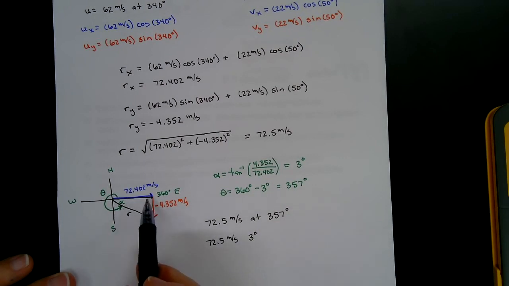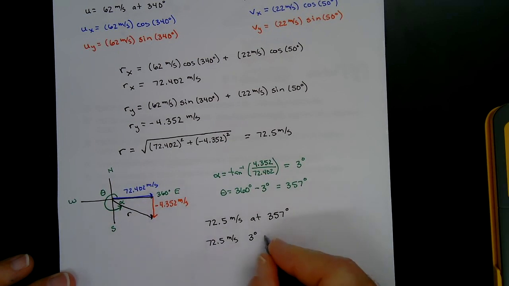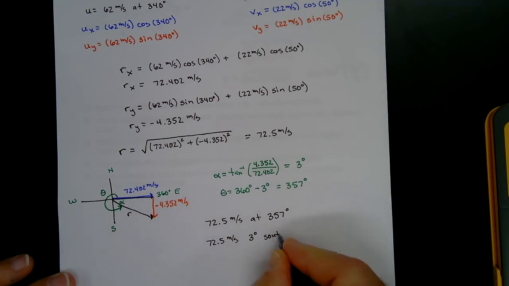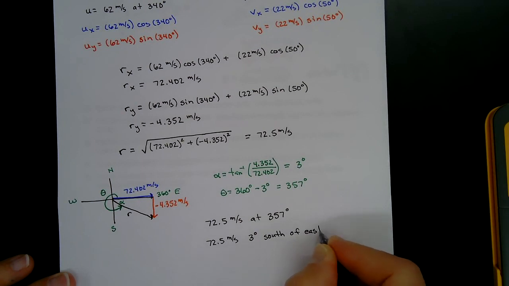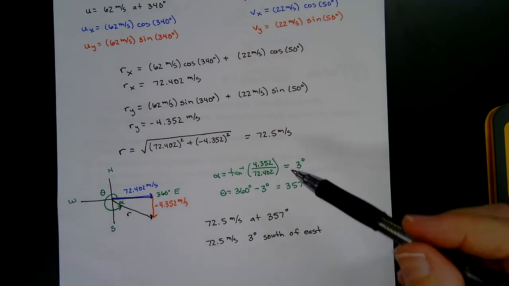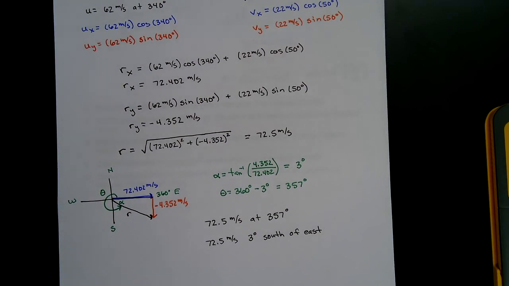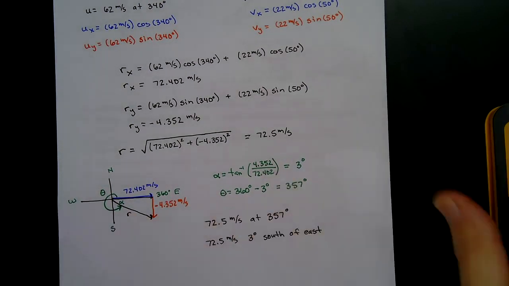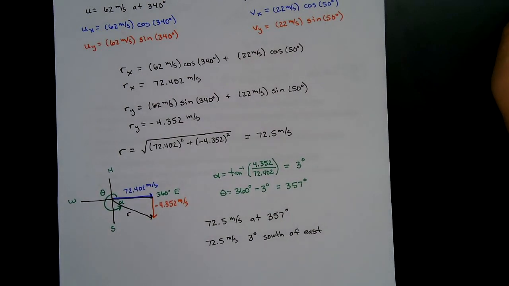And we start on the east and we rotate to the south. So that'd be south of east. Okay, and there are 2 ways to write that vector up. All right.